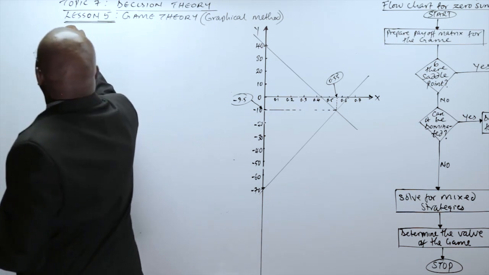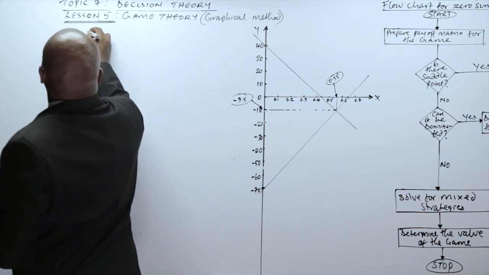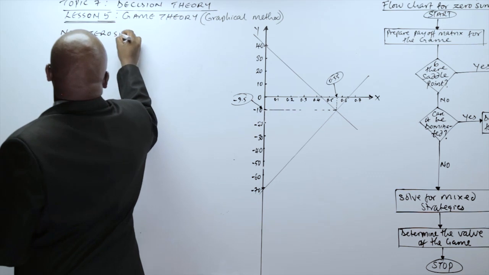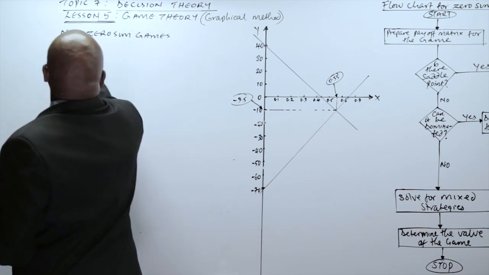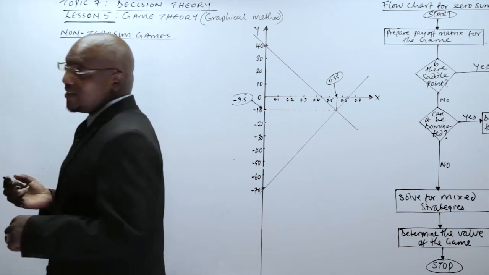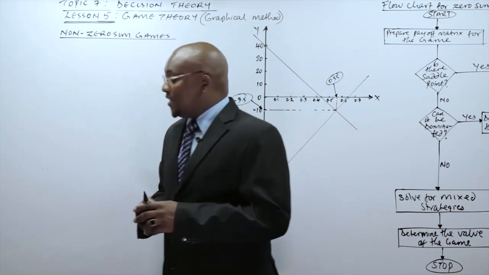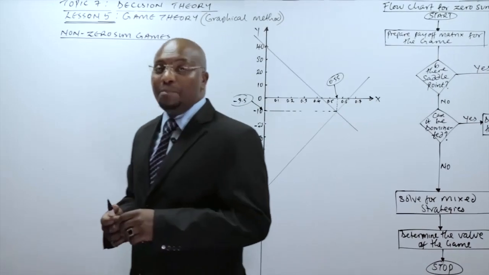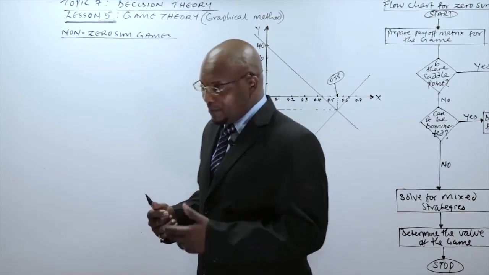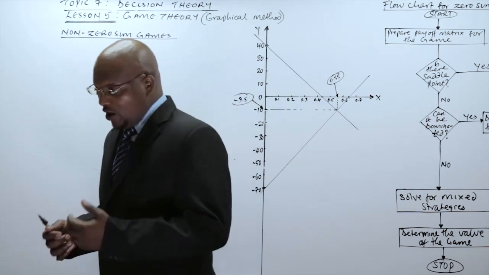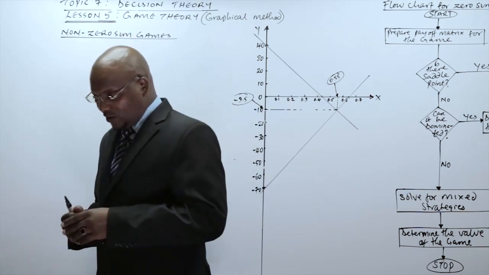So these are called the non-zero-sum games, where one player's gains are not necessarily the same as the other player's losses. And these are games that we would expect in the business world, that companies will do business and they make profit, though they make profit differently, or they make loss and the loss is also different.